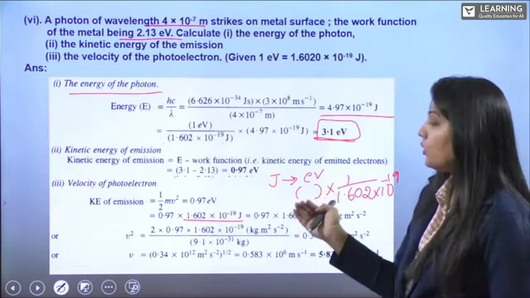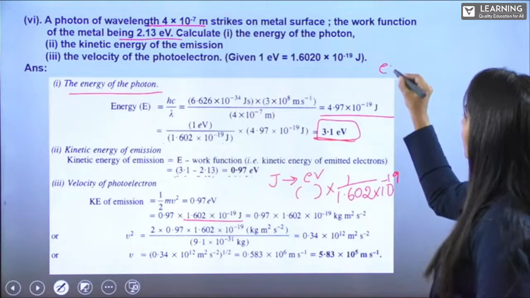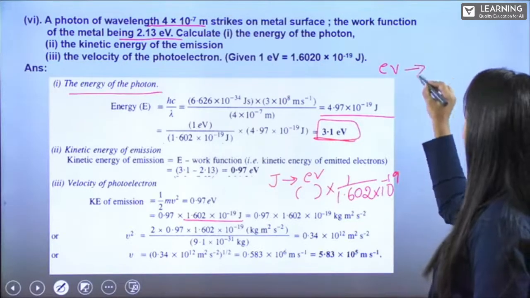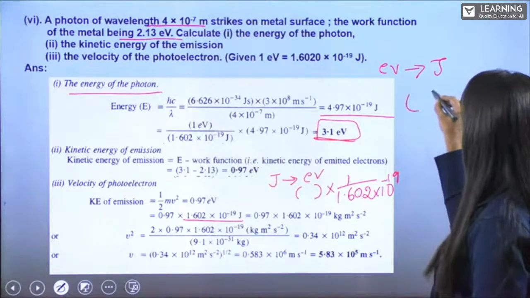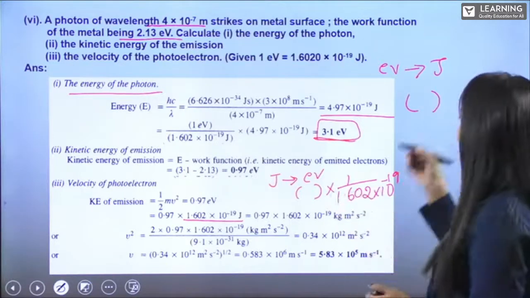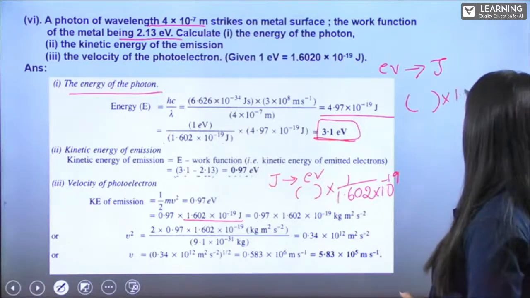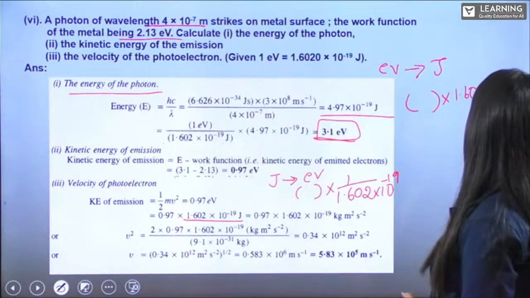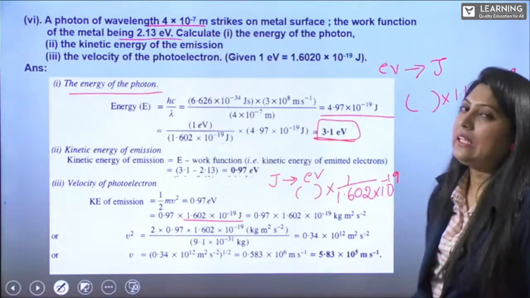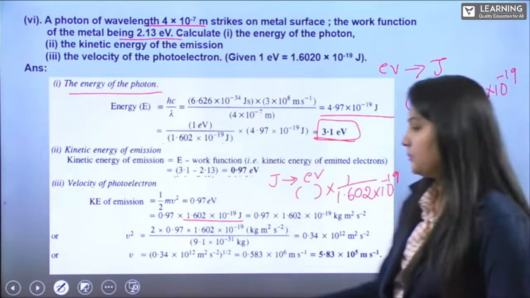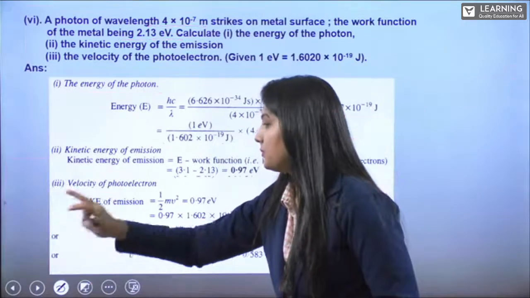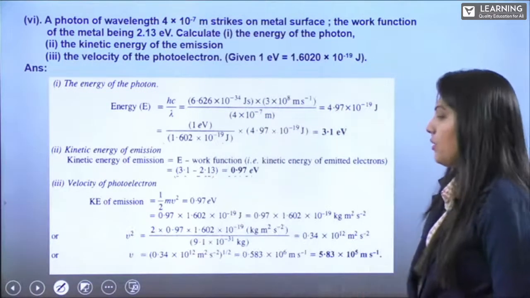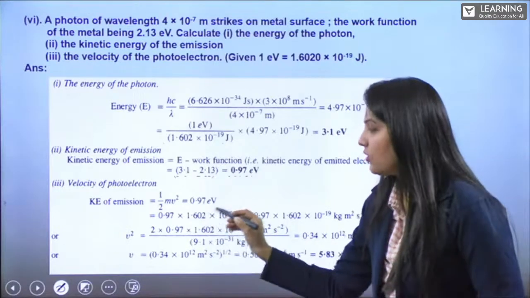If you want to convert eV to joules, then whatever value you have, into 1.602 into 10 raised to minus 19, then that will be converted from eV to joules. Okay, so here we have the conversion of eV to joules.